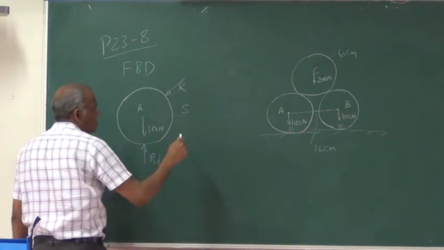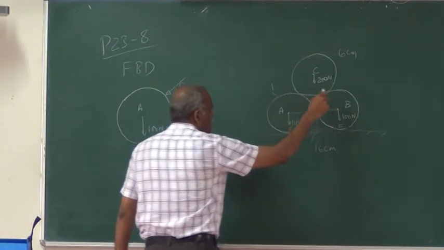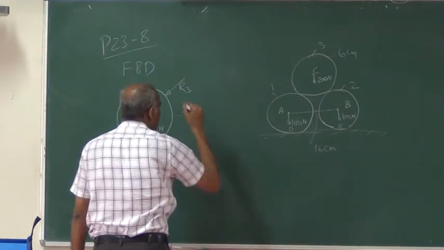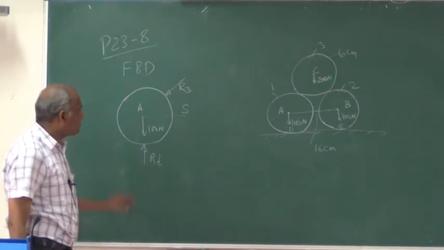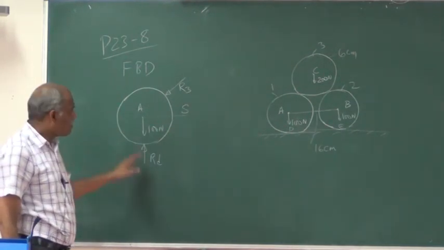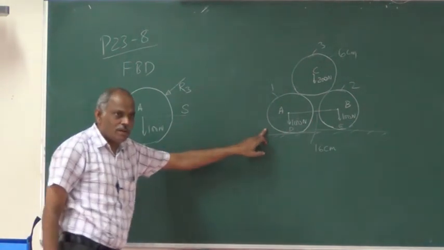If I name this as first cylinder, this is second, that is third, I can call this as reaction from 3. So this is a free body diagram of the cylinder, the one which is there in the lower.